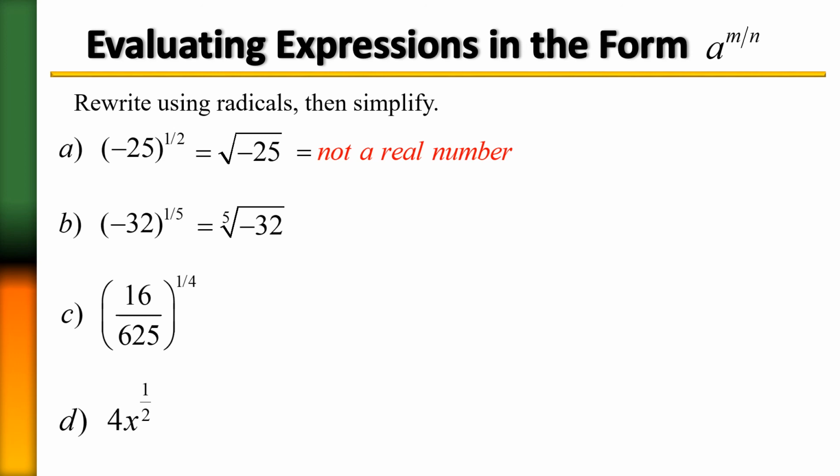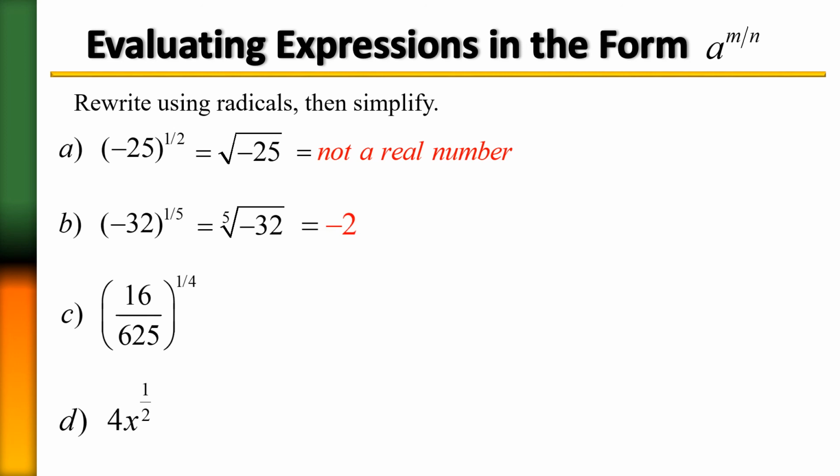So the answer is not a real number. That's not the answer. So we're looking for a number that when we multiply it 5 times, it equals negative 32, and that number is negative 2.